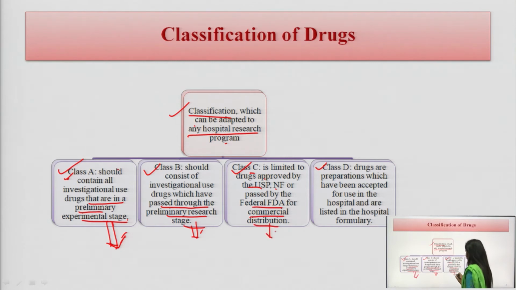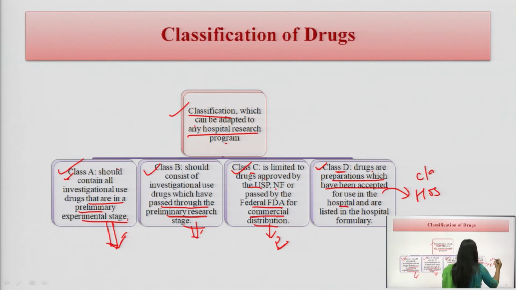So it is given to the patients. Another is class D. Class D drugs are preparations which have been accepted for use in the hospital. So the drugs which are utilized in the hospital, we call class D.